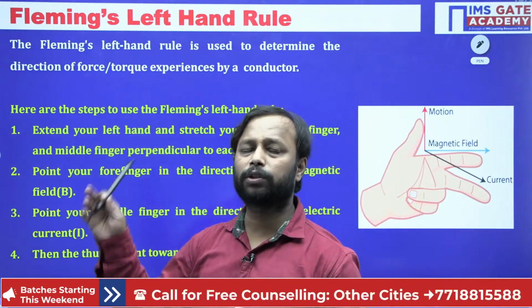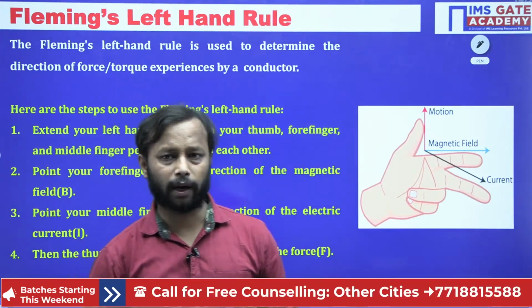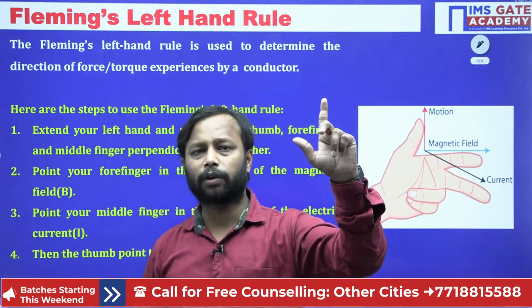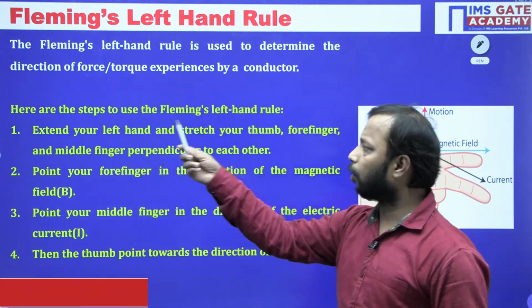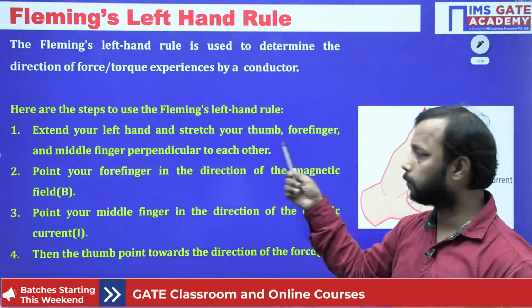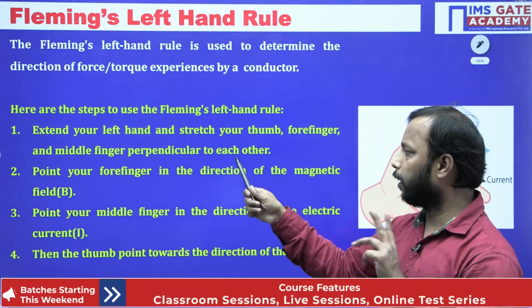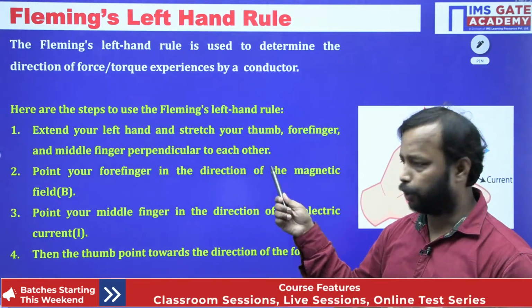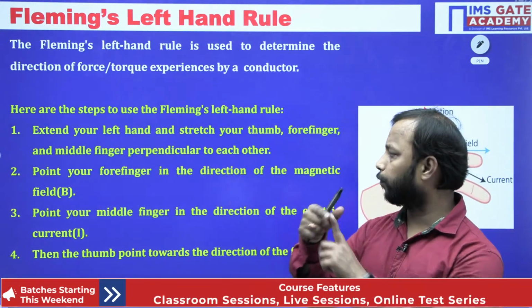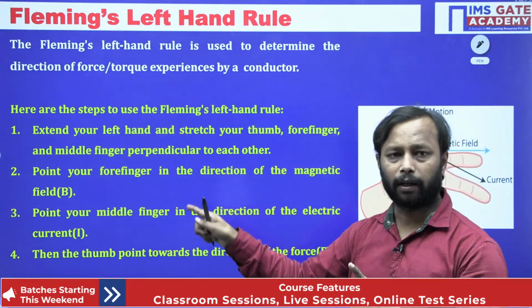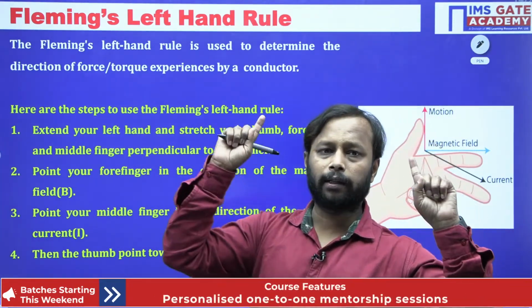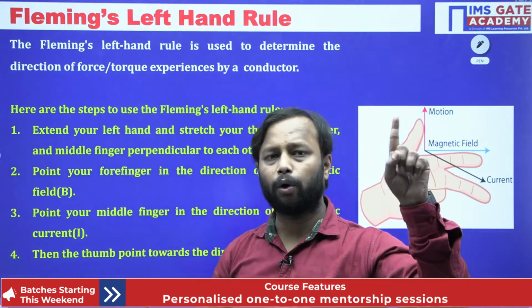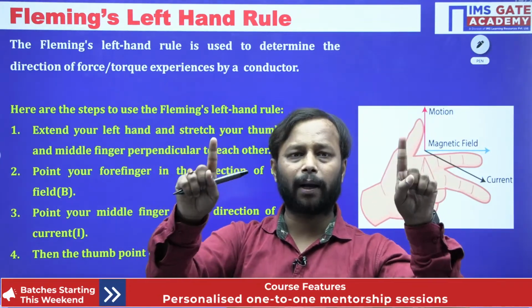Earlier we used the right hand to find the direction of current. This time I am going to use the Fleming left hand rule. So extend your left hand and stretch your thumb, forefinger and middle finger perpendicular to each other. Point the forefinger in the direction of the magnetic field. So in both the right hand rule and the left hand rule, the direction of the magnetic field is given by the forefinger.